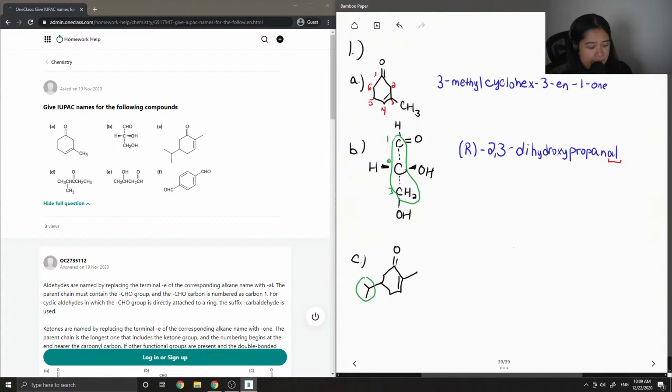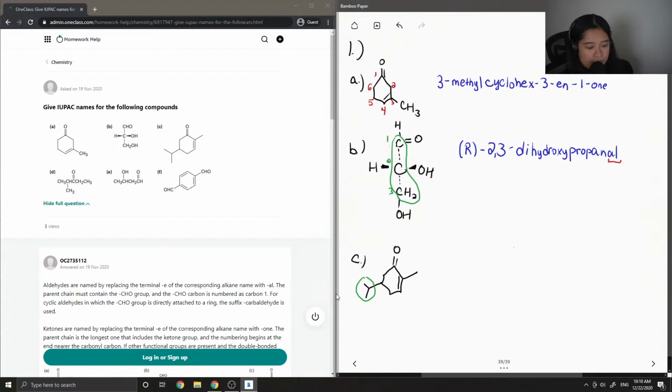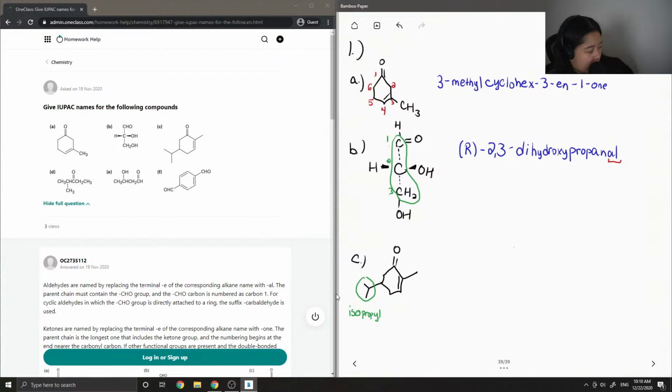It's in a different configuration. So typically we would only write propyl as the group, but since it is in this different configuration, this is called isopropyl. So it's still a 3 carbon chain, it just looks more like a Y instead of a straight chain.